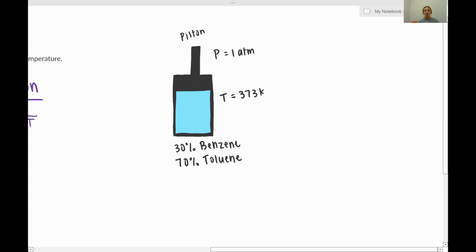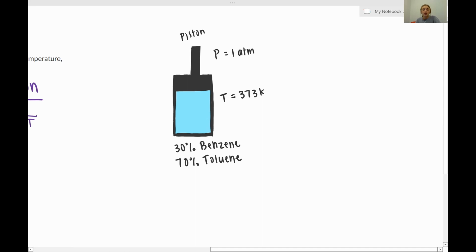But if we were to pull up on that piston to decrease the pressure inside of our system and make it so that the internal pressure is equal to the external pressure, we would begin to form that first vapor bubble. But as this happens, if you can imagine, the temperature inside is going to decrease because there's work being done internally to the external. So that's going to give an internal energy decrease.